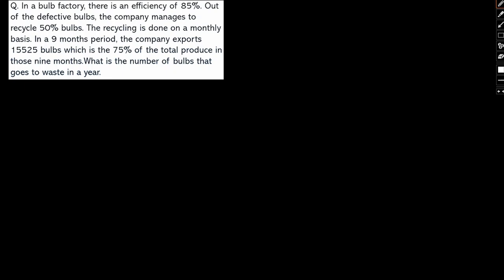Okay, now let's try and understand one thing. We'll start off with this particular point. The company exports 15525 bulbs in 9 months, which is 75% of the total production.